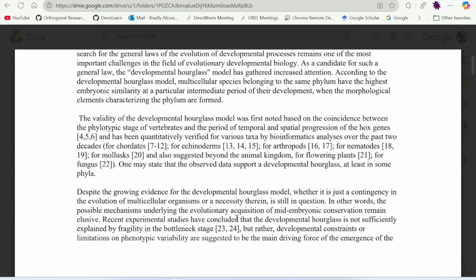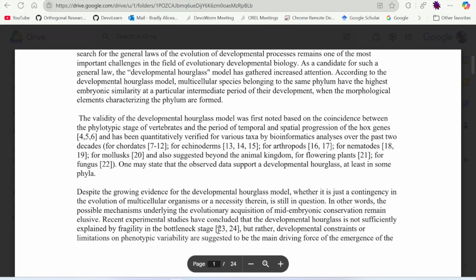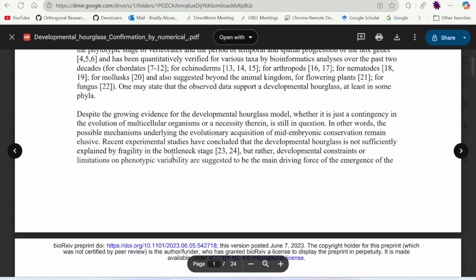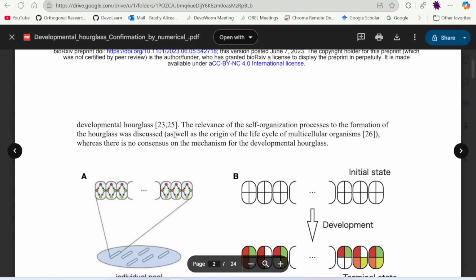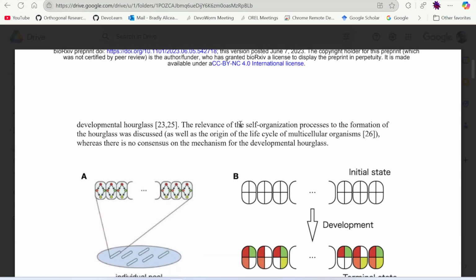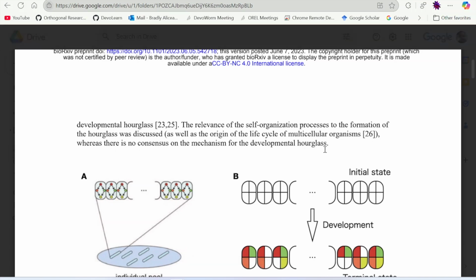Recent experimental studies have concluded that the developmental hourglass is not sufficiently explained by fragility in the bottleneck stage, but rather developmental constraints or limitations on phenotypic variability are suggested to be the main driving force in the emergence of the developmental hourglass. The relevance of self-organizing processes to the formation of the hourglass was discussed in this citation 26, whereas there is no consensus on the mechanism for developmental hourglasses.